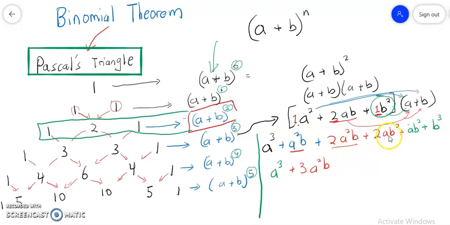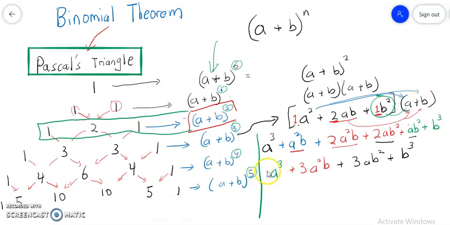Then we find ab squared. It's here, 1 and 2, so you'll get 3ab squared, and finally the last one here we have b cubed.